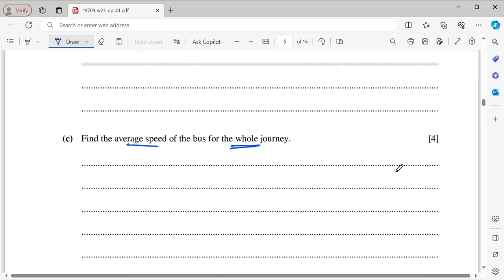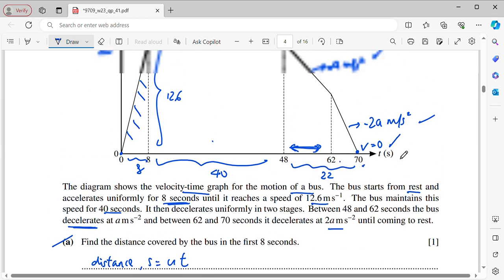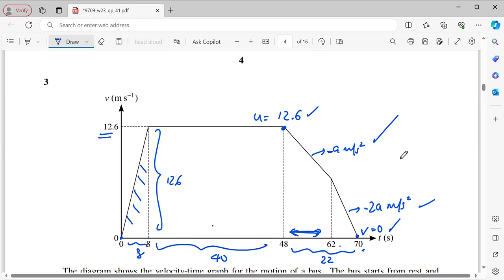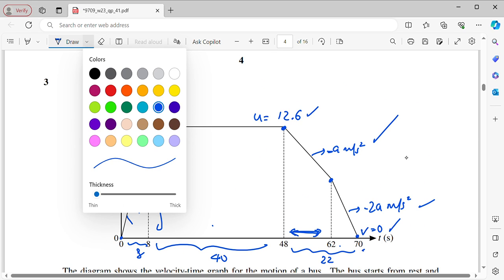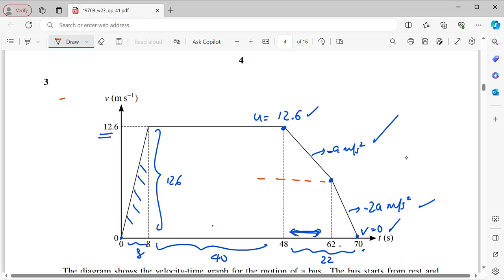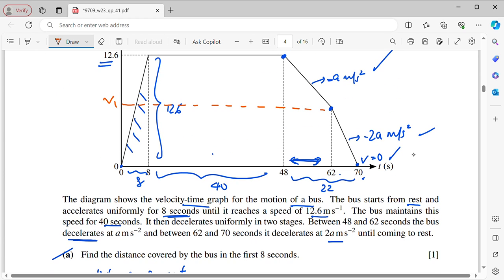So now, when you look at the diagram, we need to know what this V is. So what is this V1? Let's say, for example, when t equals 62, what's my V1?